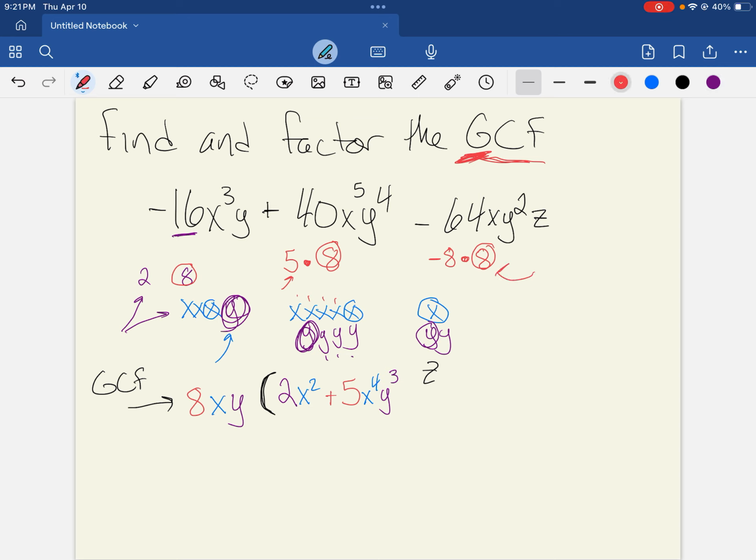And finally, look at this last piece. I circled the 8. What's left over? Negative 8. I don't have any x's left over. I have 1 y left over, and I have 1 z left over.